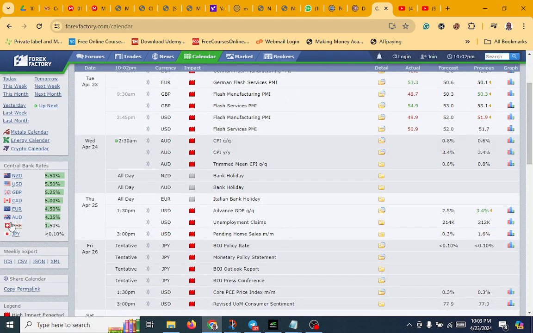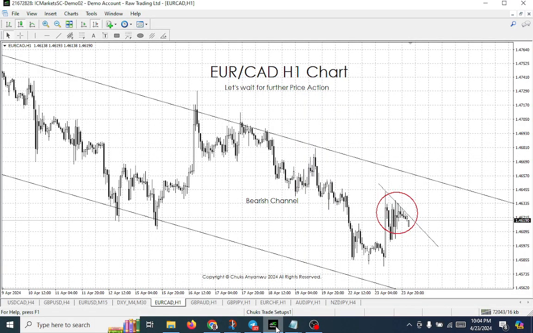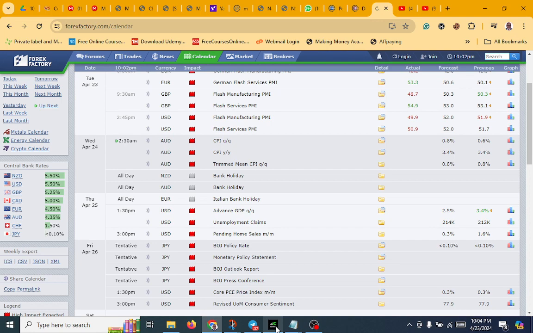Looking at the interest rate for both currencies, for Euro and Canada: the Canadian interest rate is 5%, Euro is 4.5%. So what that means is that people would like to invest in the Canadian dollar rather than in the Euro, because the Canadian dollar has a higher interest rate than the Euro.